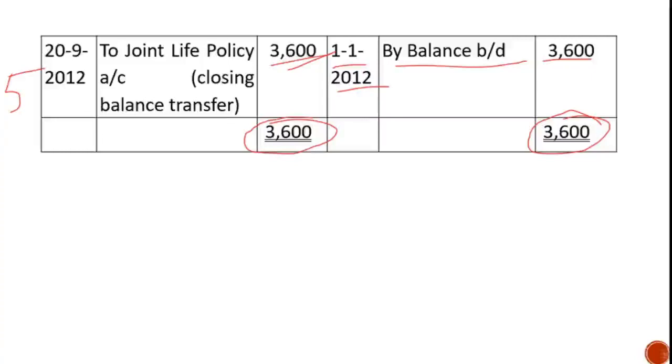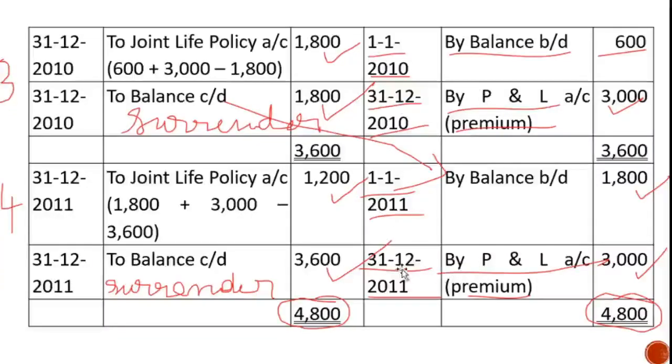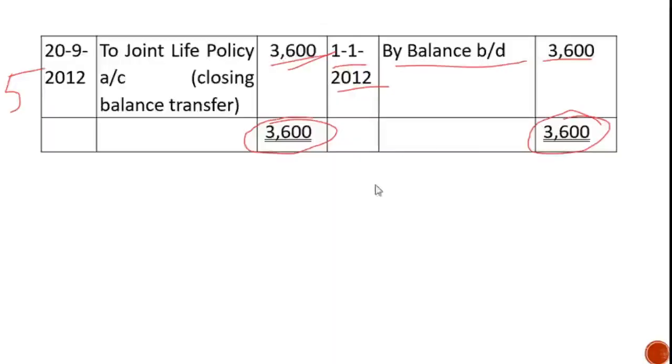Here a question may arise as to why the premium is not transferred. In other years we transferred the premium, but here we have not, because the account itself is closed as soon as the partner dies. So there is no question of charging it to the profit and loss account at the end of the year. That is why it is not recorded.